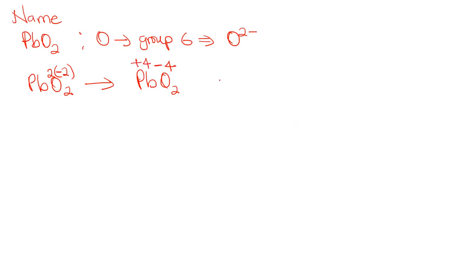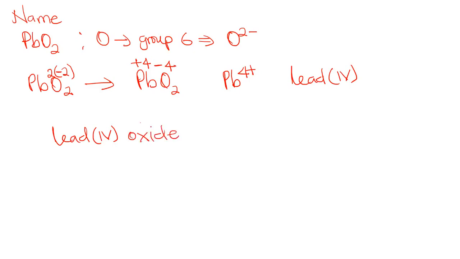So +4 means you have Pb4 plus, which is lead Roman numeral 4. So the whole compound is lead 4 oxide. So that's how we name these ions.